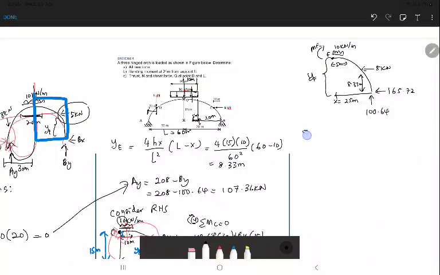Alright, so taking moment at F equal to 0, this MF included into the equation. So MF in this direction is positive, clockwise. You need to find YF first.